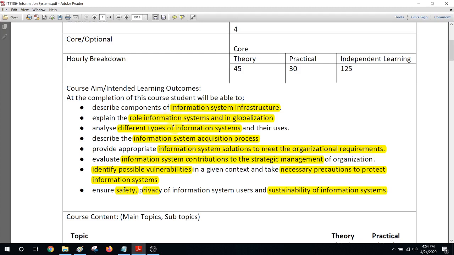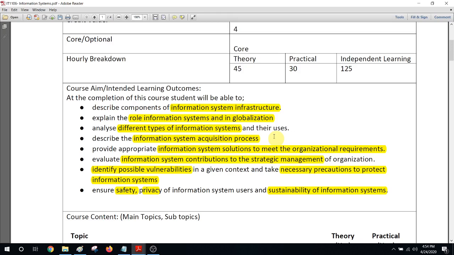Then different types of information systems, and how information systems are acquired by organizations, so how organizations get information systems. Then some other topics like how information systems help strategic management and decision making, and how they solve some typical business problems. Those things will also be covered in different sections.